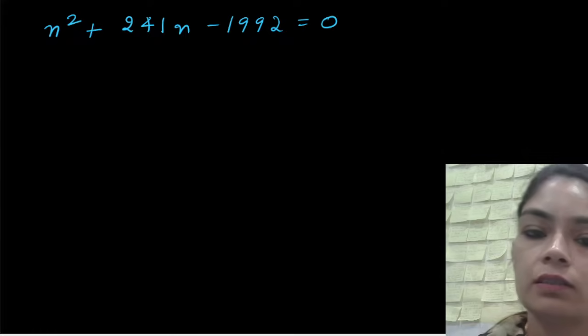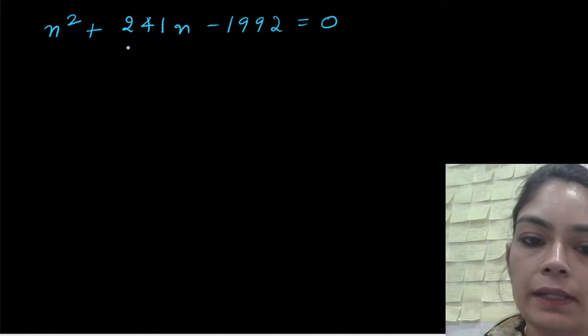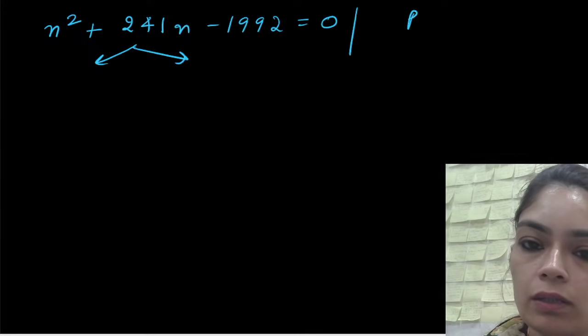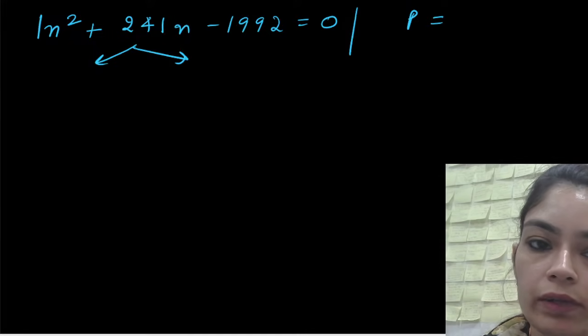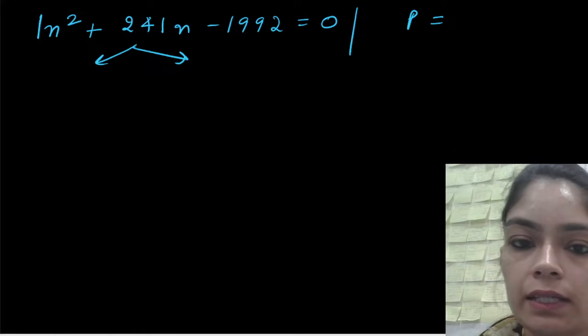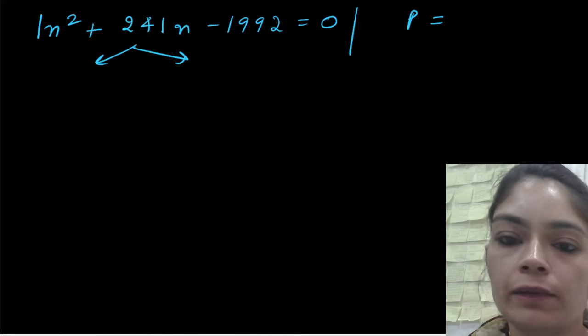Now we will solve it by splitting the middle term. The middle term we will split into two numbers such that their product equals the product of the first and the last. First is 1, last one is minus 1992.